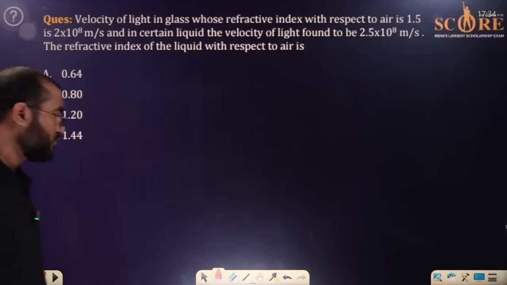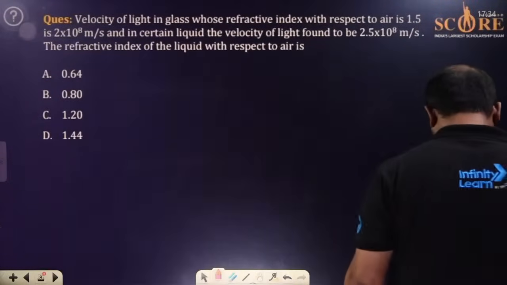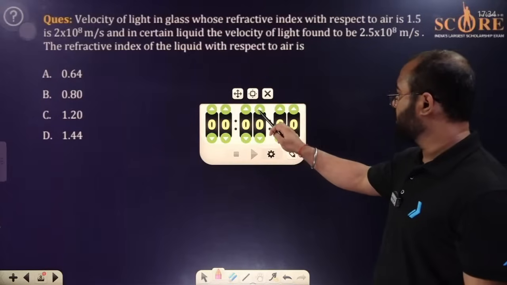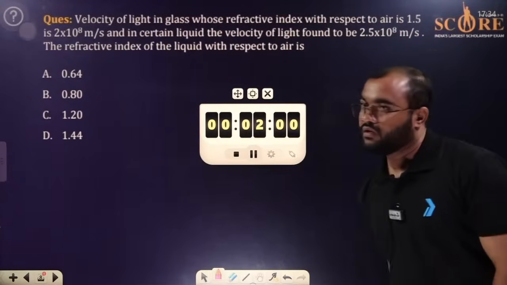Please let me know the answer for this. Again, it is a very simple question. You don't have to think much. Whatever you have learned in the basics, go with that.